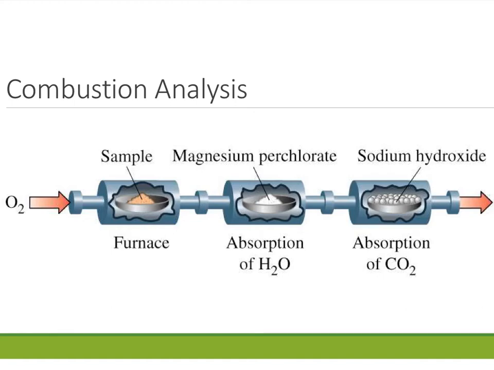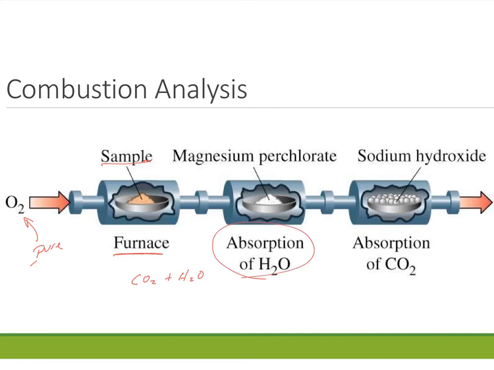So, combustion analysis, we have a furnace. In the furnace, we place our sample, and we direct pure O2 into our apparatus, and we heat the sample up, and it burns. Now, this burns, giving off CO2 and water.